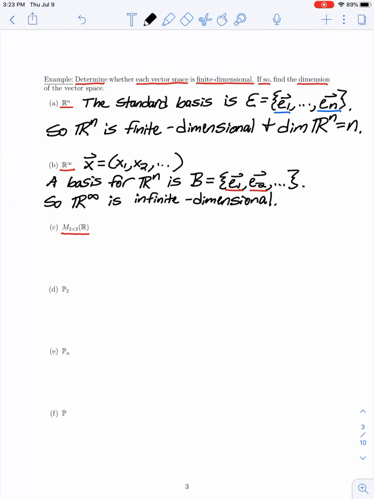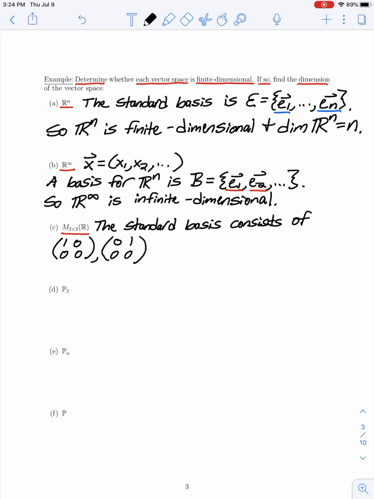Recall from, I believe, section 4.1, we saw that the standard basis consists of the 2 by 2 matrices [1, 0, 0, 0], [0, 1, 0, 0], [0, 0, 1, 0], and [0, 0, 0, 1].